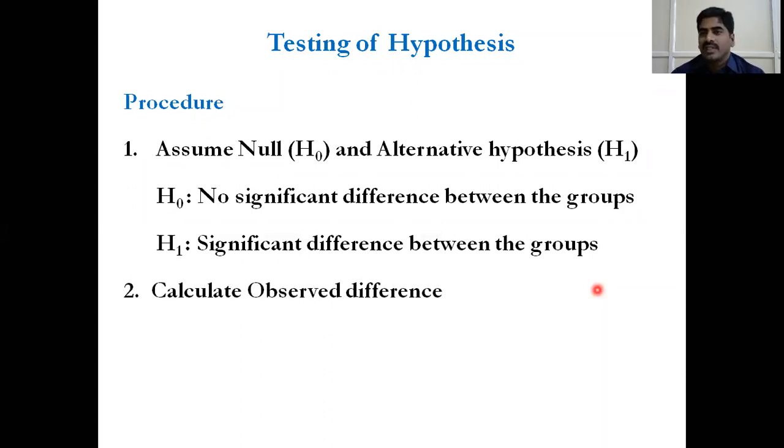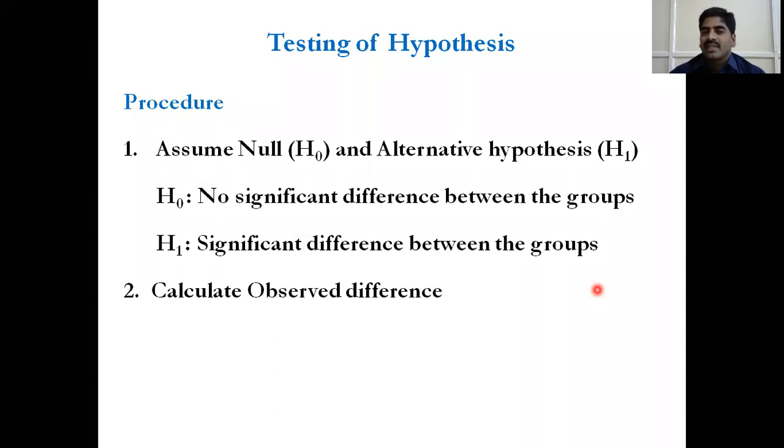What is the observed difference? In the previous example, we have taken the mean marks of two different students. The first got 50 and the second student got 51. The observed difference is 51 minus 50, which is equal to 1. It is the difference between means if data is quantitative, and the difference between the proportions if data is qualitative. Okay.